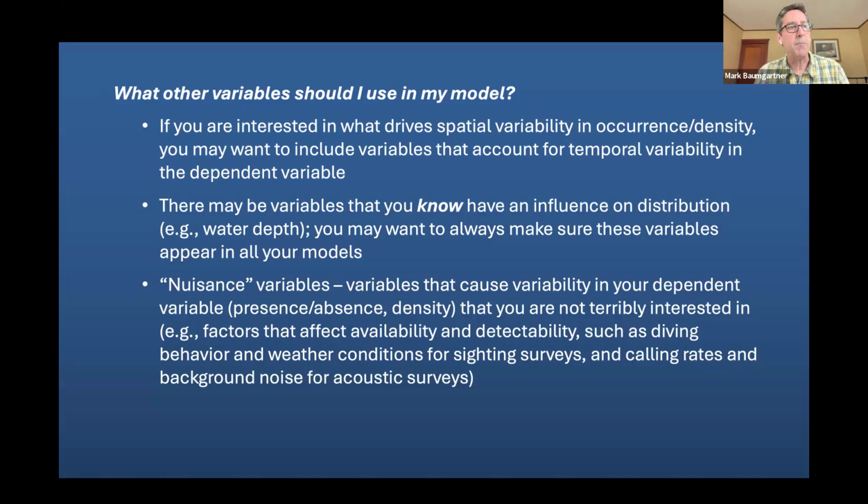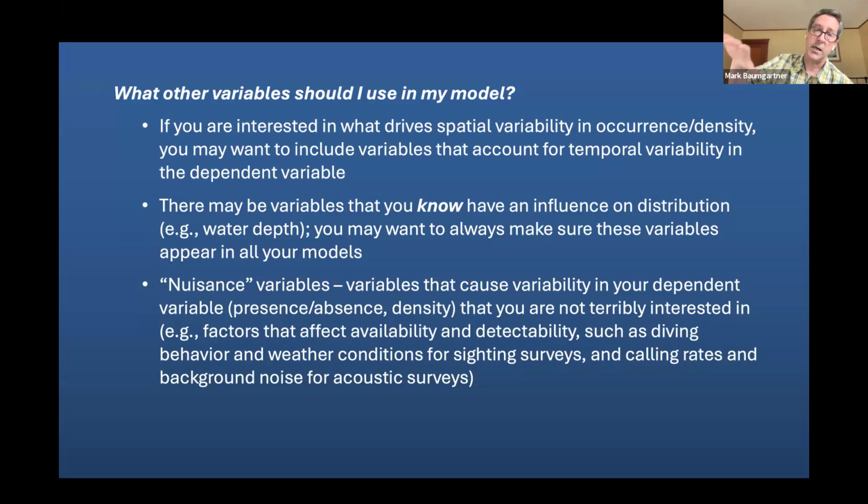There also may be times when you know enough about a species that you absolutely know that there are variables that have an influence on the distribution of that species. A great example of this is if you're doing glider transects that go from the continental shelf over the continental slope. You have this huge variation in water depth. And cetaceans tend to stick to particular water depths, particular depth strata.